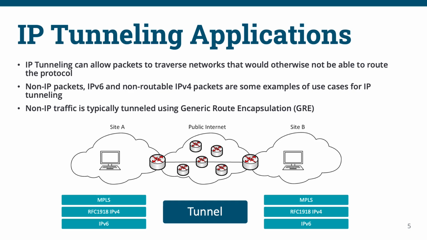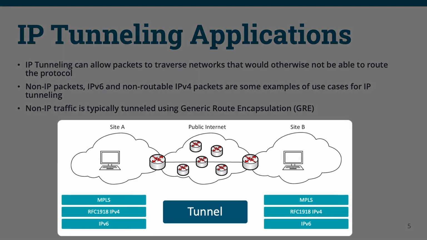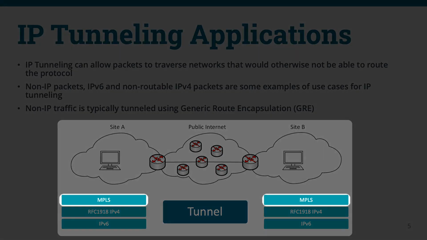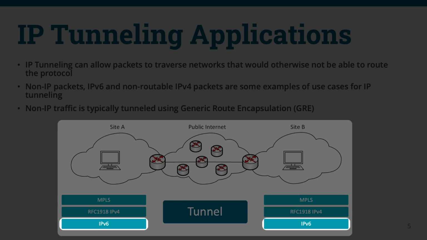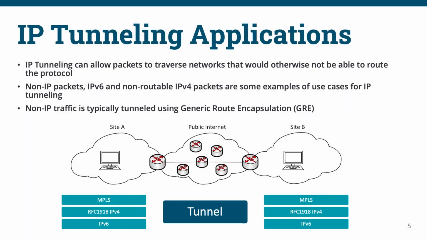GRE tunneling is generally a bit more flexible and can encapsulate non-IP traffic. In the example below, we see that MPLS traffic, IPv4 traffic, and IPv6 traffic could be bridged between sites by using a GRE tunnel.